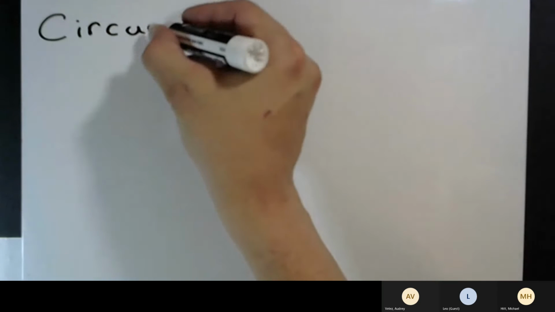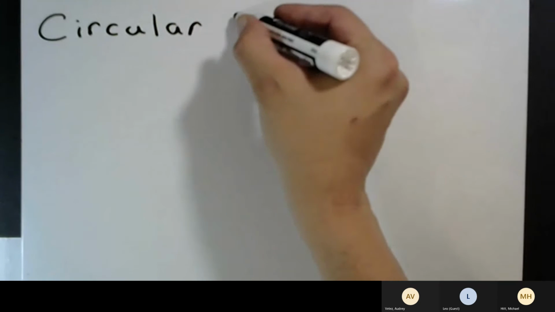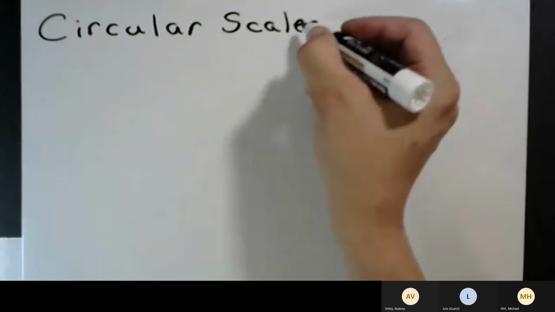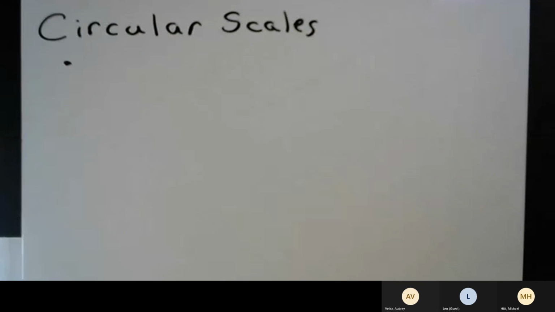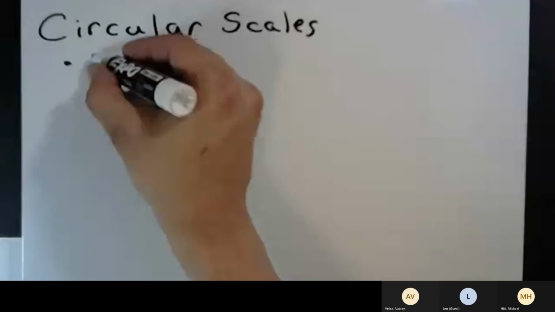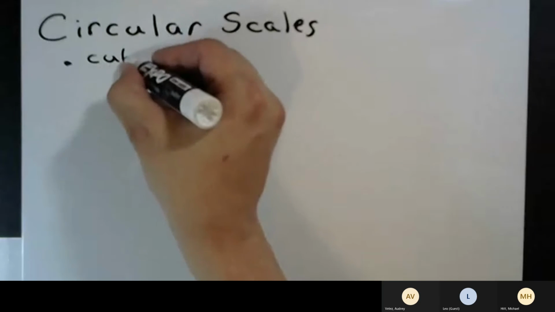So the next thing that comes up is circular scales. Where you typically see these, like for non-uniform scales, you'll see those in ohm meters. This is something you'll see, say, for cubic feet of water.